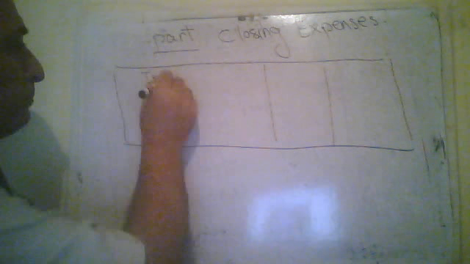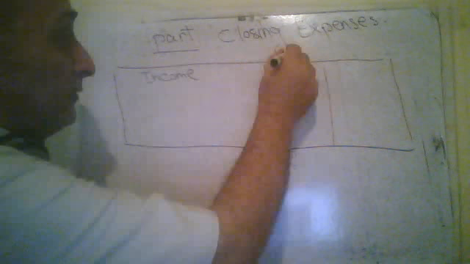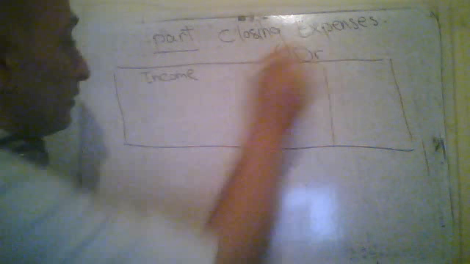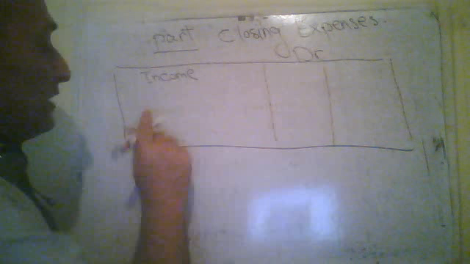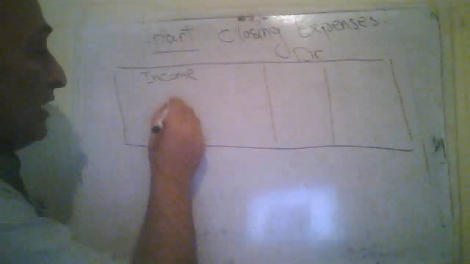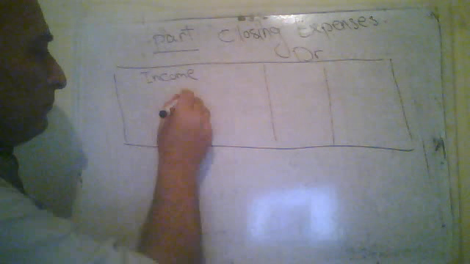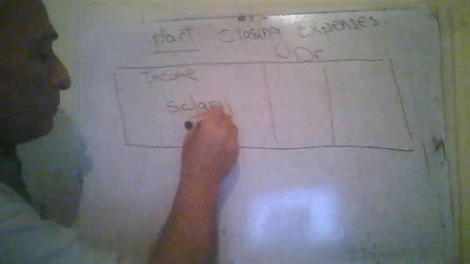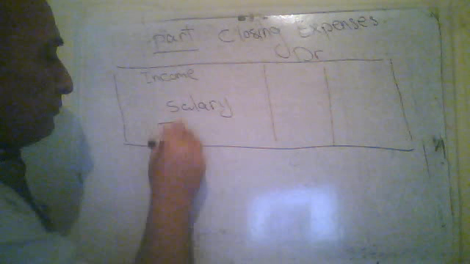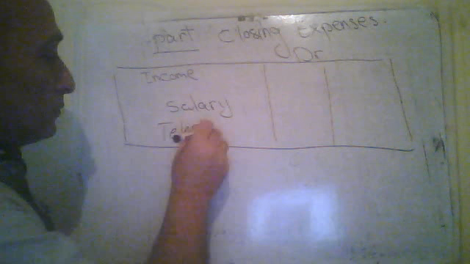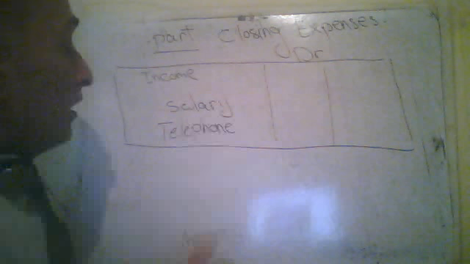Income debit, and all expenses credit. What expenses I have? Salary and telephone bill. Okay?